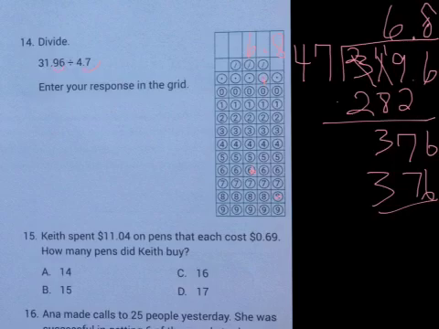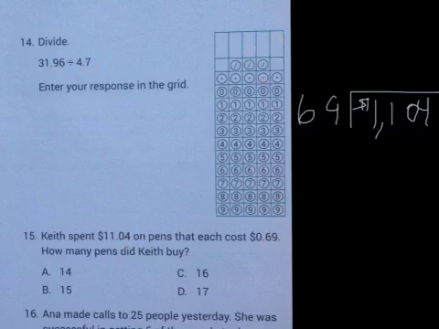First off, we're going to have to get the decimals out. So we're going to move over 2 spaces here and 2 spaces here. So this problem should be written out like this.